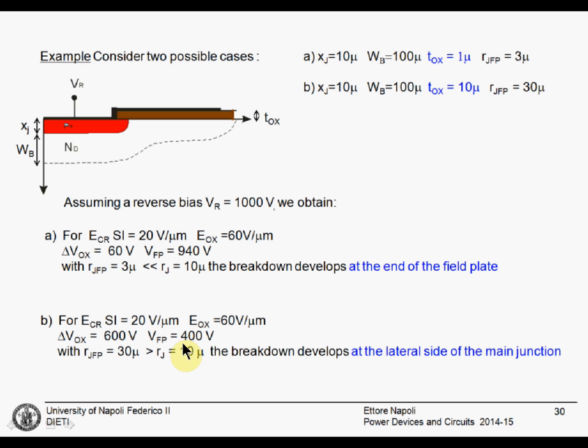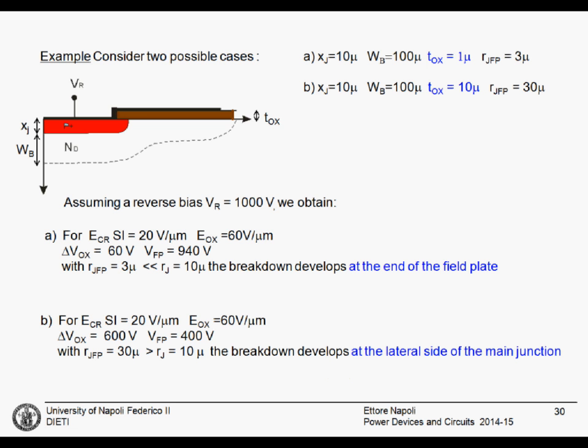We will have 30 microns of curvature, that is larger than Rj. This means that here we have smaller voltage, larger curvature. The breakdown will happen much later, much farther. The weak point here is this junction here. The breakdown will develop at the lateral side of the main junction.